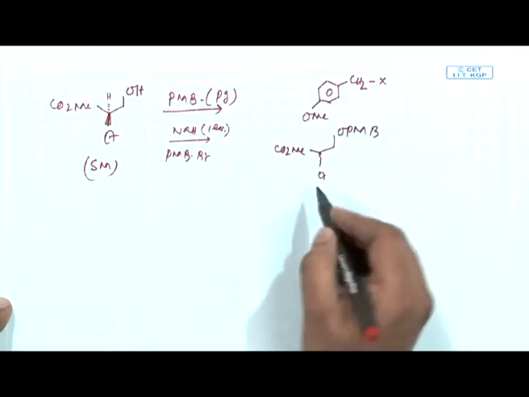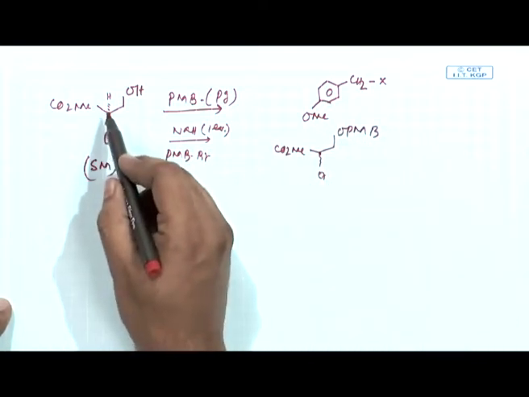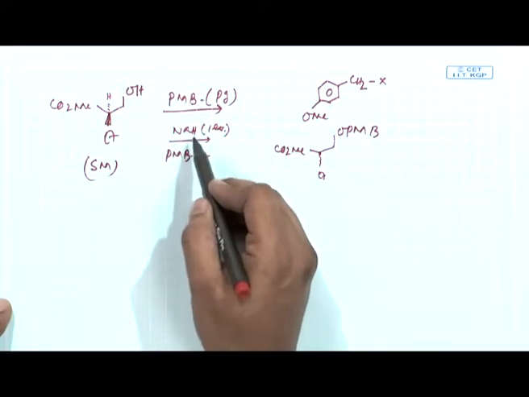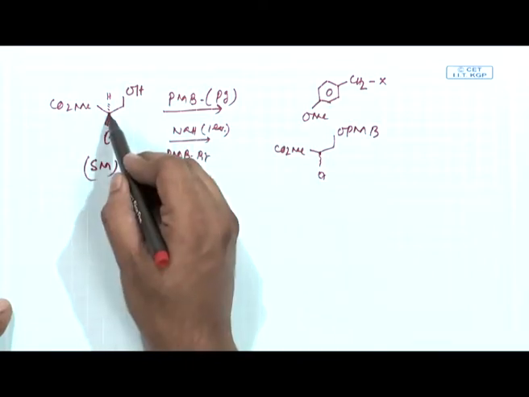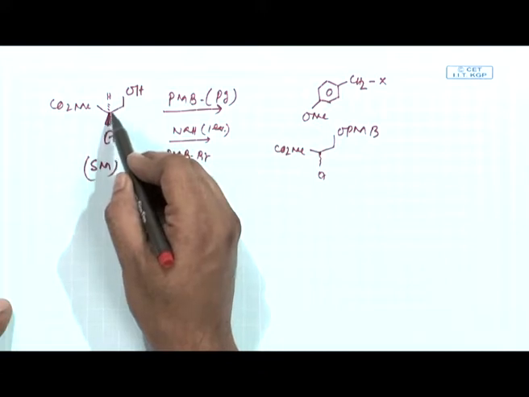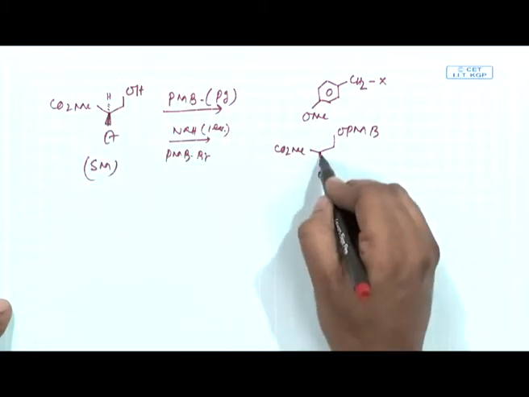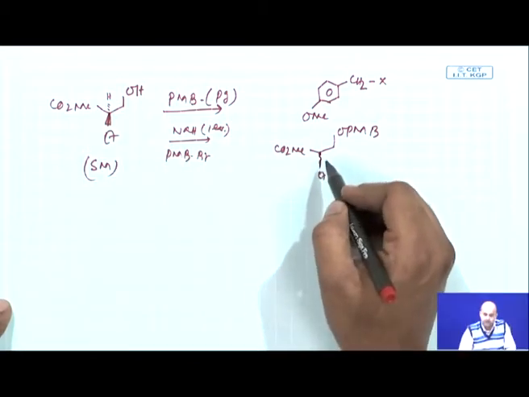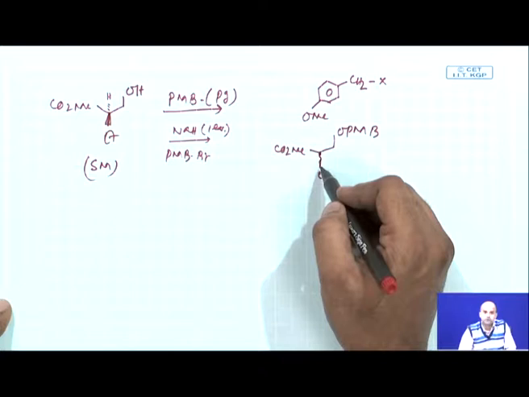But as I said, as this hydrogen is acidic, there is enough possibility that if you treat with sodium hydride, this hydrogen might undergo epimerization, because this center is extremely acidic. So, about the stereochemical purity of the final product you are not absolutely sure, as it might undergo epimerization.